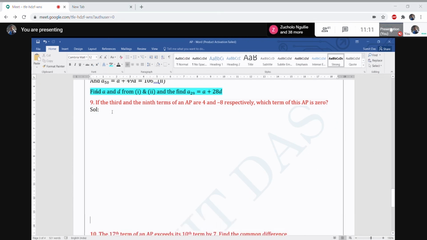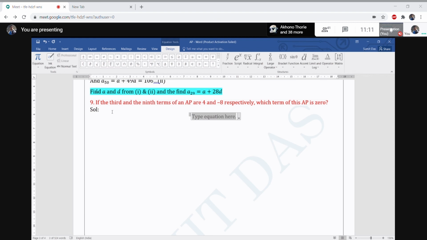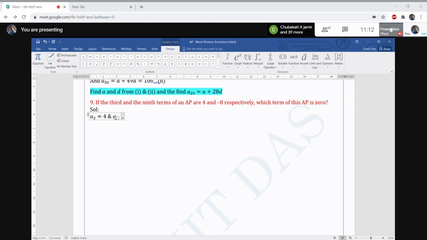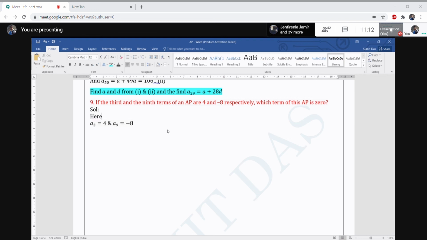Third term means A3 is equal to 4, and A9 is minus 8. A3 is 4 and A9 is minus 8.